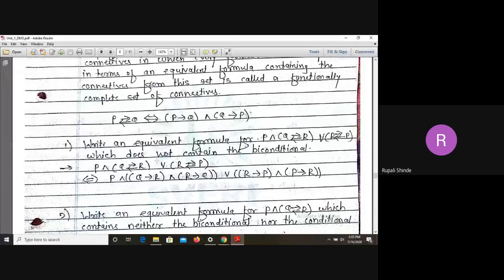How we can convert this formula into an equivalent formula which does not contain any biconditional as well as conditional? Okay. So first of all, tell me how we can remove this biconditional. What will be the equivalent formula after removal of this biconditional? Take 2 minutes, think on it, and tell me your answer.